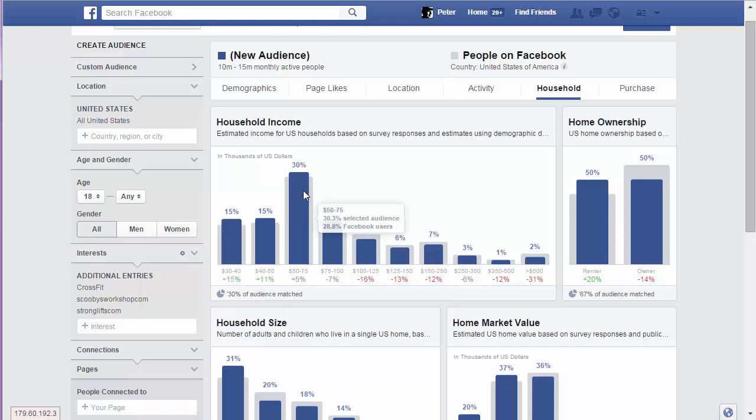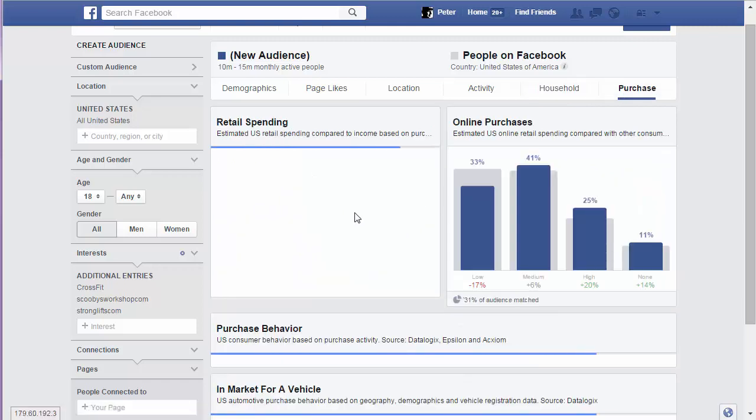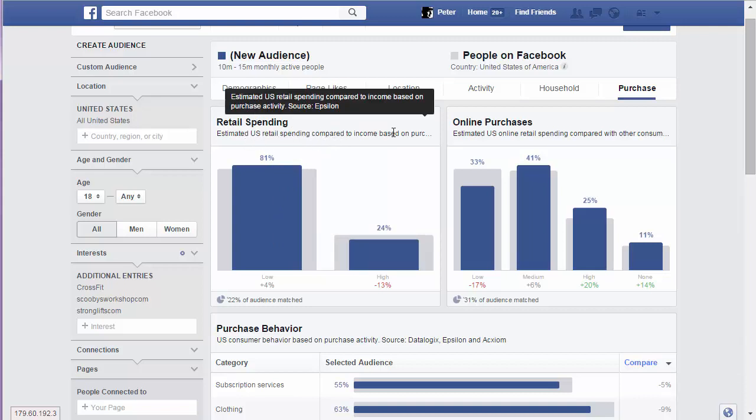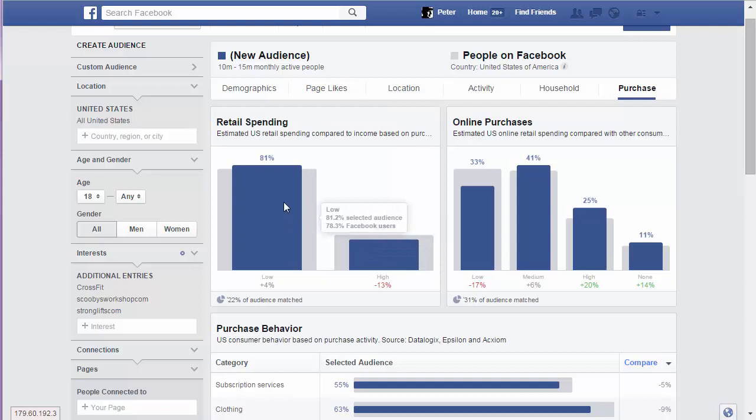Typically they earn that much, 50,000, 75,000 a year, I guess it is. And let's see if they bought stuff. I can't work out quite what that means. Hang on. Compared to income, I think that means they buy a lot. I'm not 100% sure of that. I can't quite interpret that.